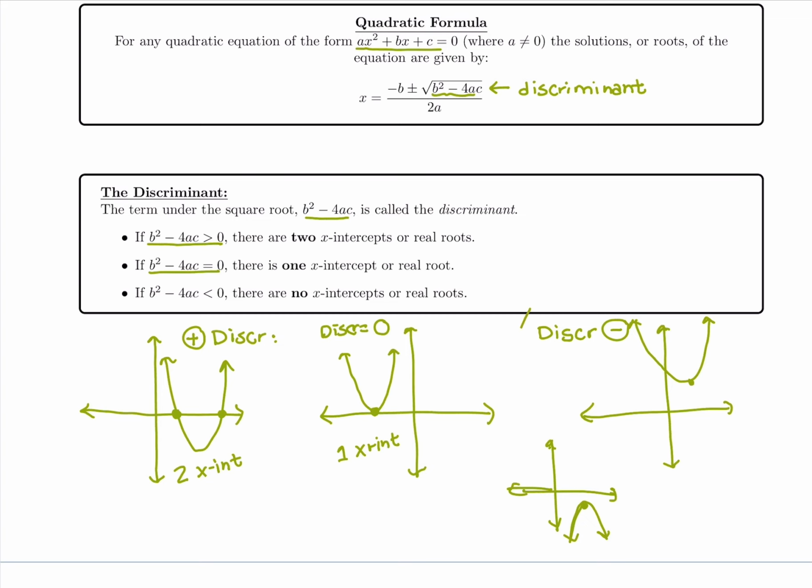So a negative discriminant has no x-intercepts, a 0 discriminant has one x-intercept, and a positive discriminant has two x-intercepts.